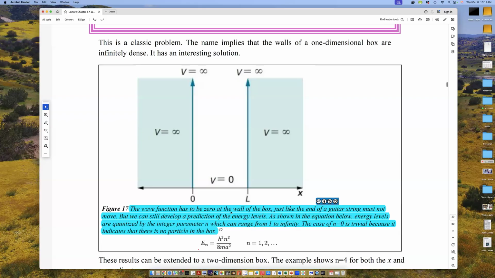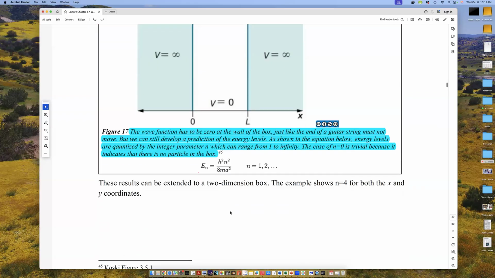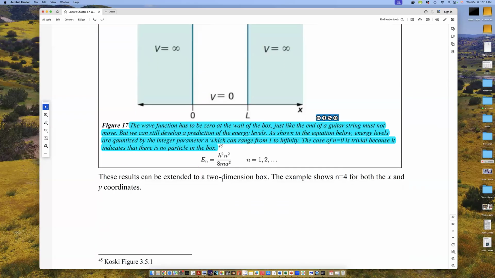And by using the techniques of mathematics that engineers and scientists are introduced to, we find the energy levels look like this. So let's review quickly what these symbols are. There's Planck's constant, the mass of the particle, the width of the box here is A, and then this is what is key. N represents integers, 1, 2, 3, and so forth.